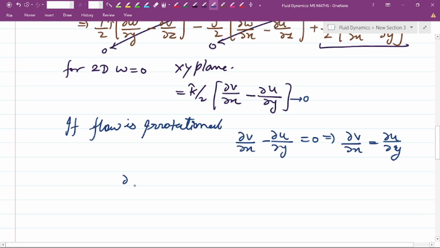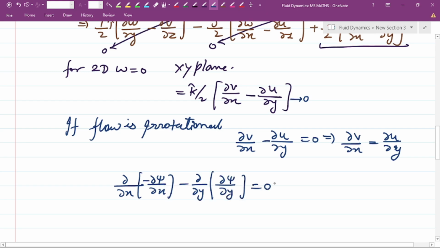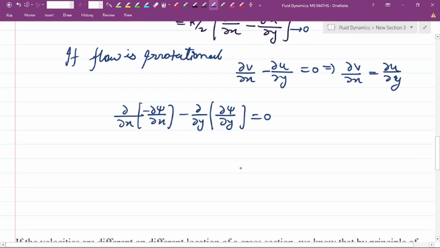If I have v, we have earlier that dou by dou x, and it is my dou psi by dou x minus dou by dou y, it is basically dou psi by dou y is equal to 0, because v is minus dou psi by dou x and u is dou psi by dou y.